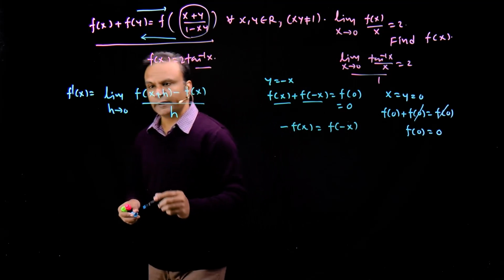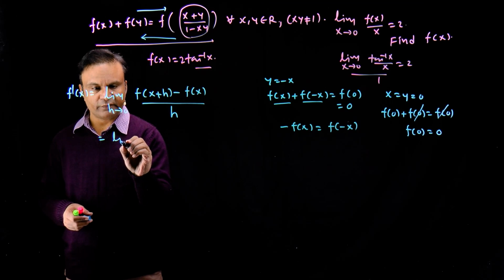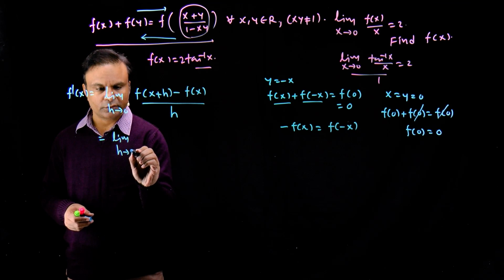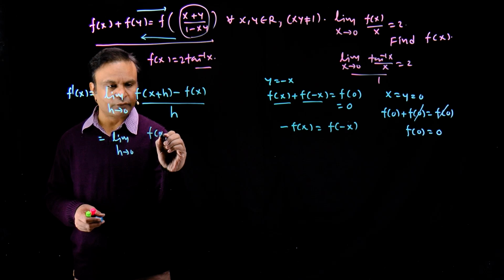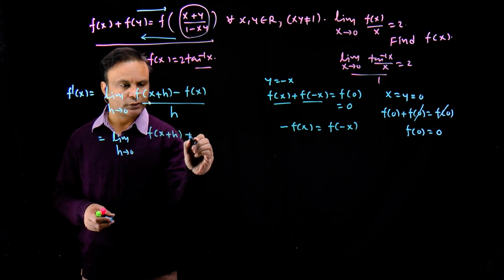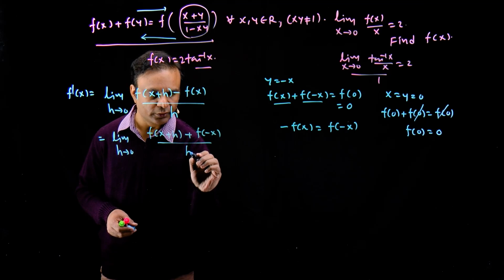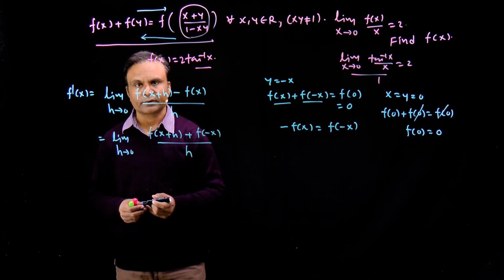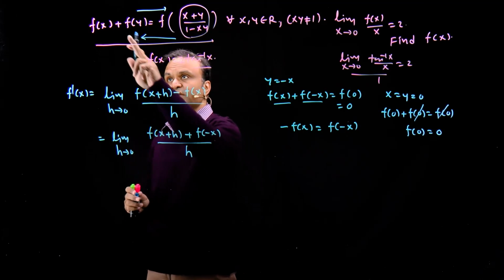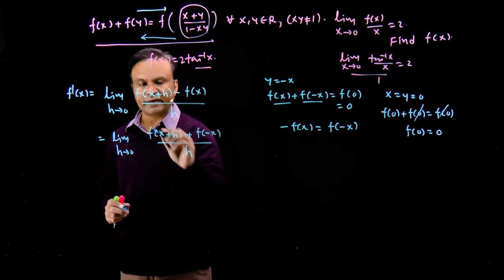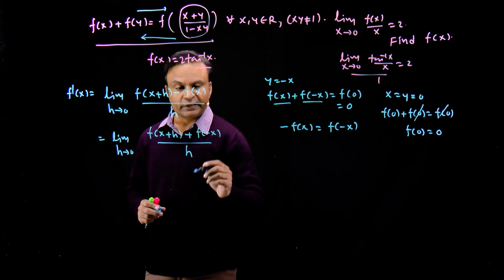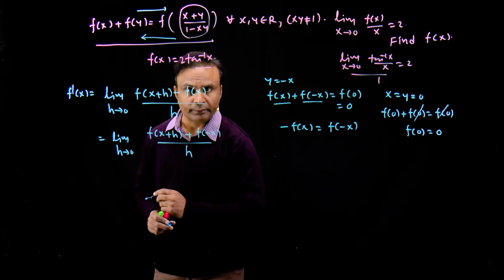Let's put this value here. We have limit h tends to 0 of f(x plus h) plus f(minus x) upon h. Now we can use this relation. In place of x we have here x plus h. In place of y here we have minus x.